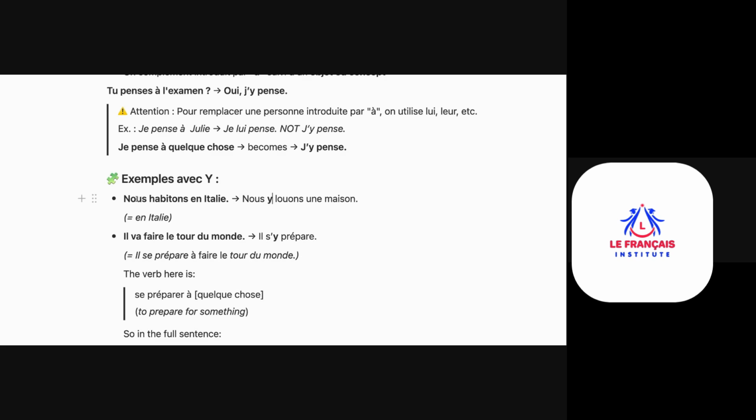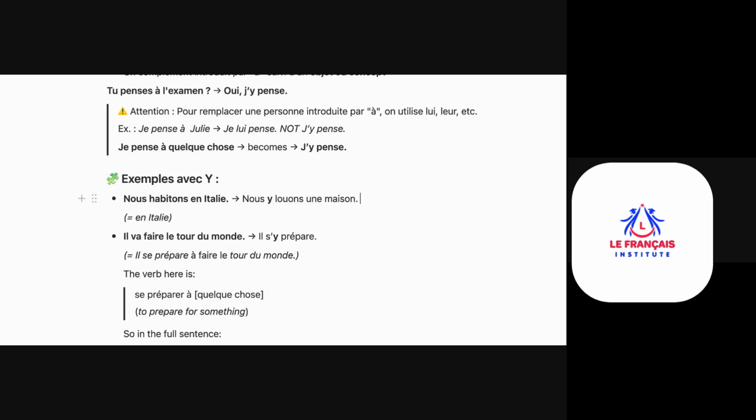We have already introduced the place using en. In the following sentence, we replace en Italie, the place complement that has been introduced using en, with Y, placed before the verb always. Nous y louons une maison.